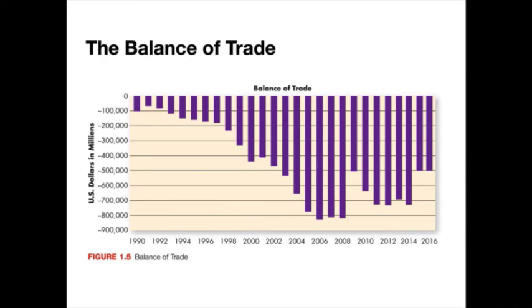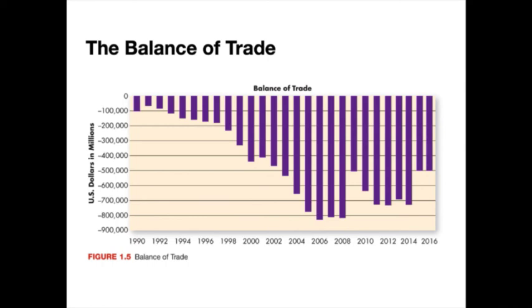That's only one possible explanation, but perhaps the better and more insightful explanation is simply that U.S. consumers, because of our relatively high standard of living and disposable income, love to buy stuff. We love to have choices. We love to have imported goods like German automobiles and Japanese electronics.